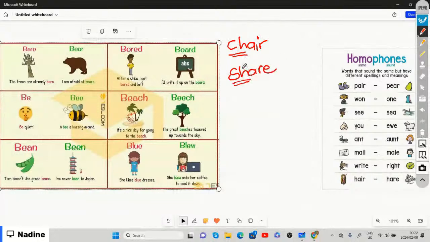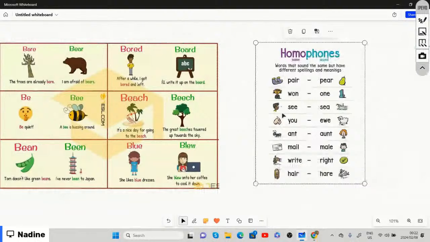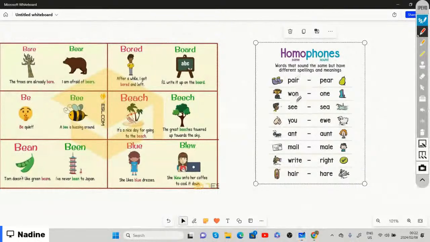Because she is with an S and an H. And here we also have the words pay and pay. Won, right? It's like when you win something, you win a trophy, came first in something, and one is like number one, either 1 year old or number one.